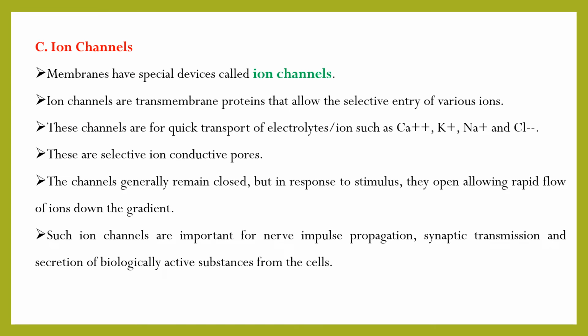Ion channel is another passive transport type. Membranes have specific devices or proteins called ion channels that are important for channeling or transporting different ions. Ion channels are transmembrane proteins that allow the selective entry of various ions.